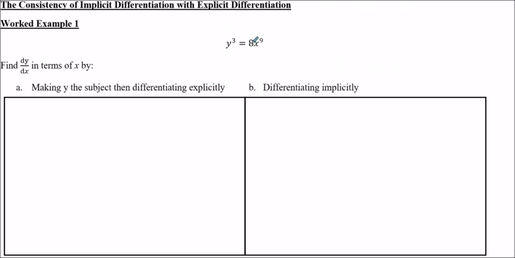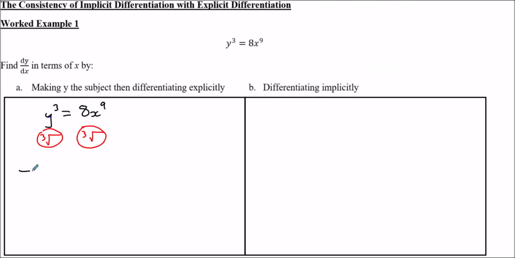So anyway, we've got y cubed is 8x to the power 9. So we're going to differentiate this in two ways. So part A, we're going to do it the standard easy way, make y the subject and then differentiate explicitly. So we've got here y cubed equals 8x to the power 9. So if I cube root both sides, cube root of y cubed is obviously going to be just y.